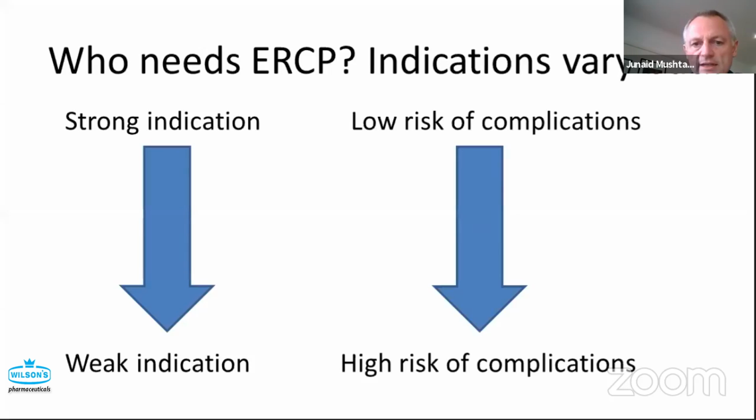The weaker the indication, unfortunately, implies a higher risk of complications. And I don't have time to talk about this in this talk, but I'd be very happy to answer questions in terms of types of scenarios and how to anticipate what kind of complications you might have.